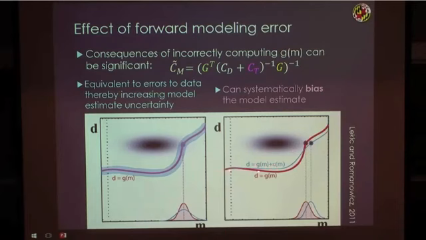This is the real line describing the relationship between data and model, and instead you drew this blue line. And if you draw the wrong line, you're just going to get the wrong model. This is the model you would get with that. Okay? So by improperly computing your forward problem, you can either reduce your ability to resolve model parameters, which is the best thing that can happen, or the worst thing that can happen is you just get the wrong answer. That would be this systematic bias in your model estimate.